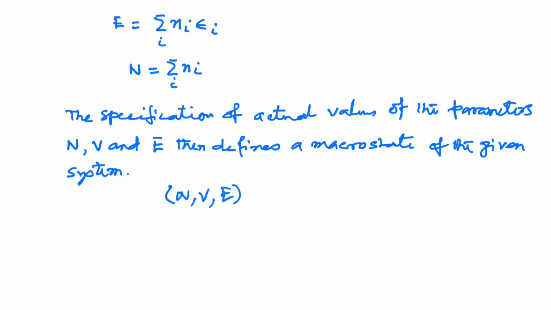In the case of a non-interacting system, since the total energy capital E consists of a simple sum of n single particle energies epsilon i, there will obviously be a large number of different ways in which the individual epsilon i can be chosen so as to make the total energy equal to capital E. In other words, there will be a large number of different ways in which the total energy capital E can be distributed among the n particles constituting it. Each of these different ways specifies a microstate or complexion of the given system.